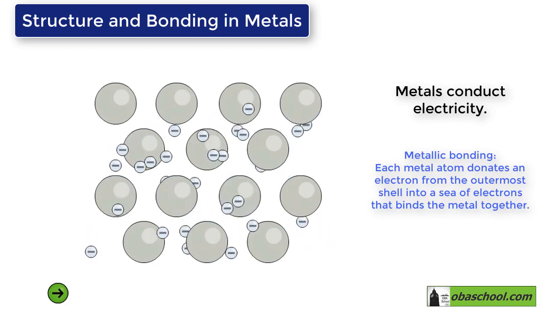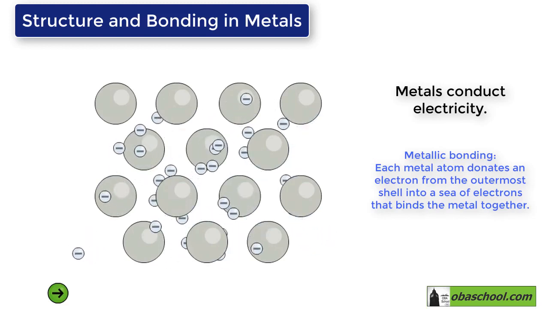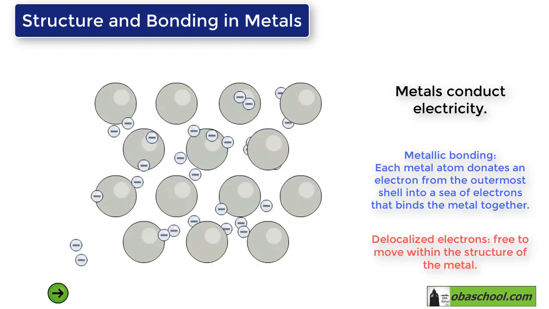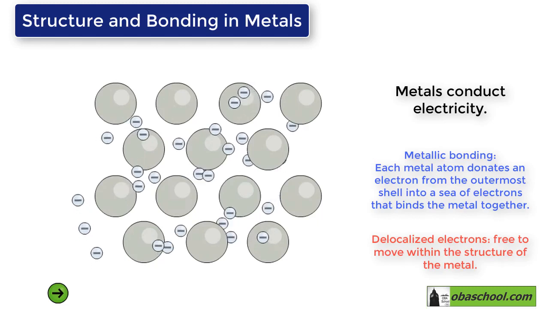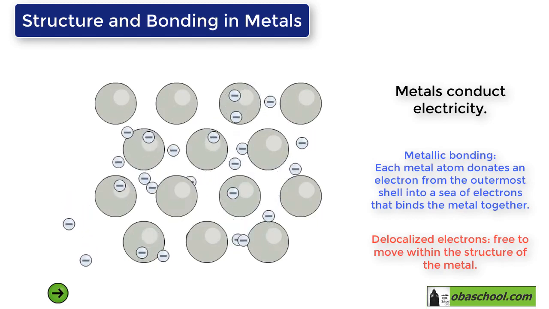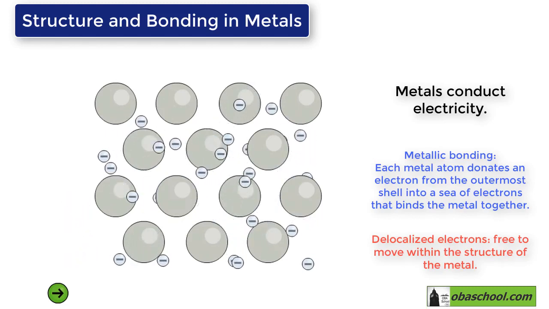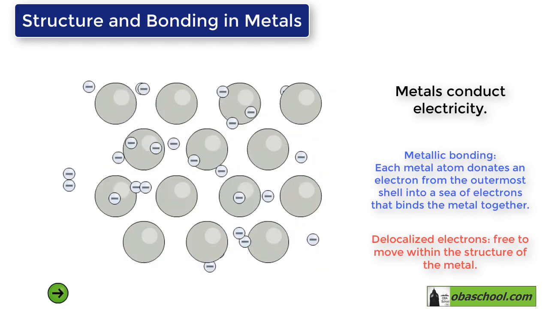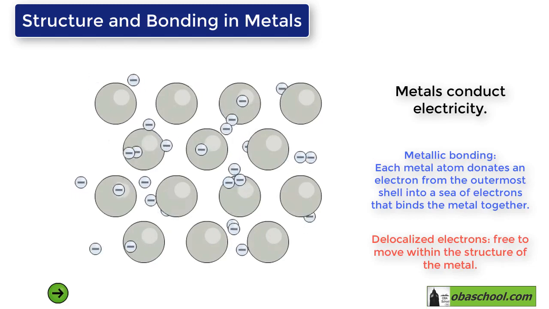Because they are free to move around within the structure of the metal, as you can see, they are called delocalized electrons. So all the electrons that you can see moving in this simulation are called delocalized electrons, and they are donated by the metal atoms into this sea of electrons.